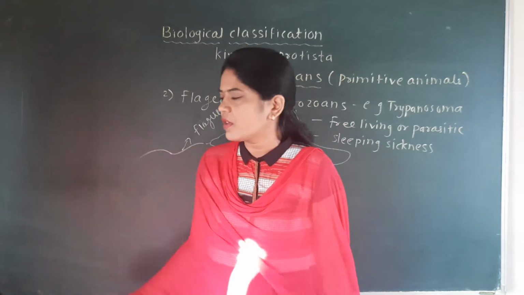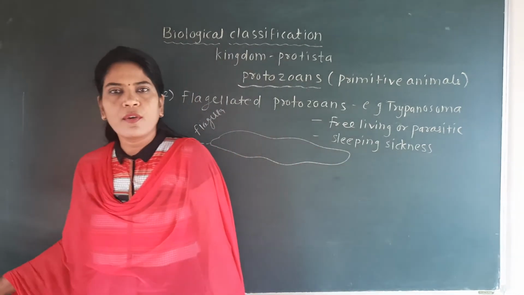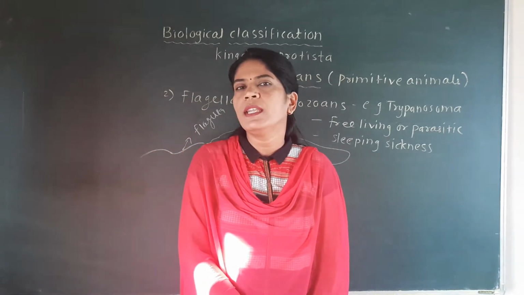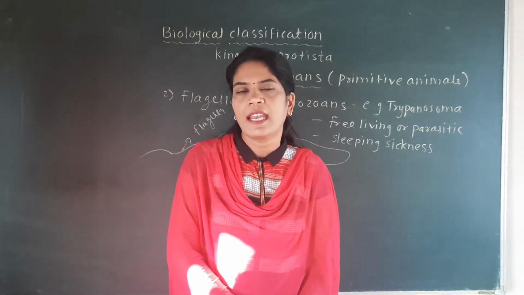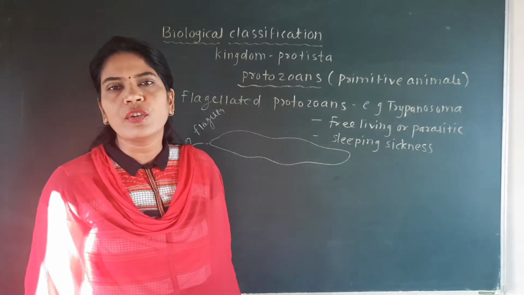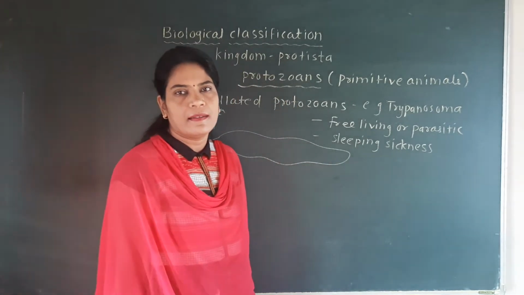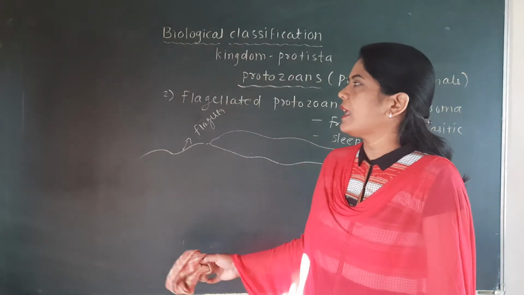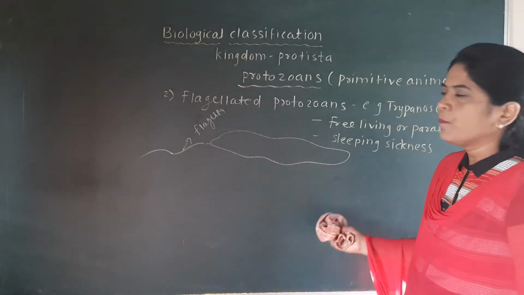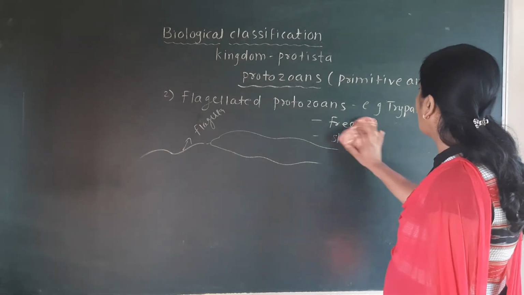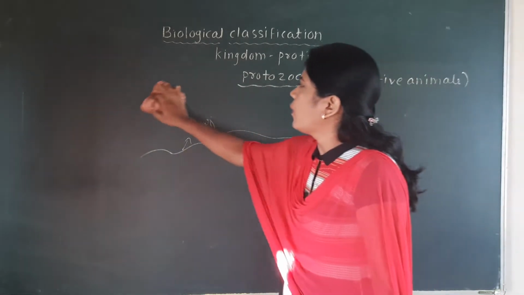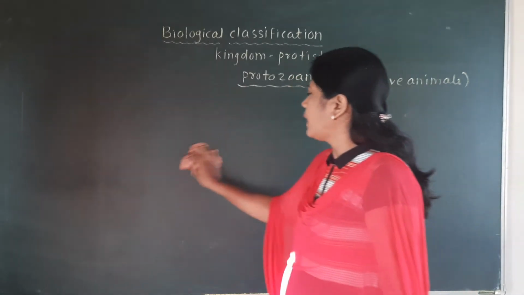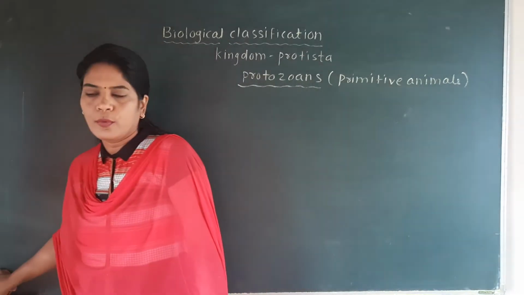Many times this question is asked: one column gives the names of different organisms, another column lists the diseases, and if the disease is sleeping sickness, then definitely the answer is trypanosoma. So this is about the second group of protozoa, the flagellated protozoans.